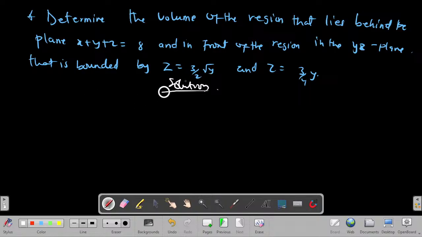Now, given z and y, it means that we are in the zy plane. So I'll have z and I'll have y here, whilst my function is in parallel with my x.